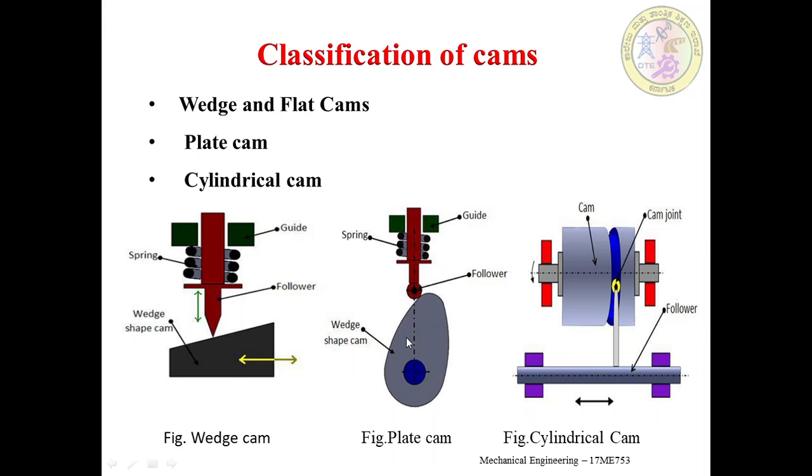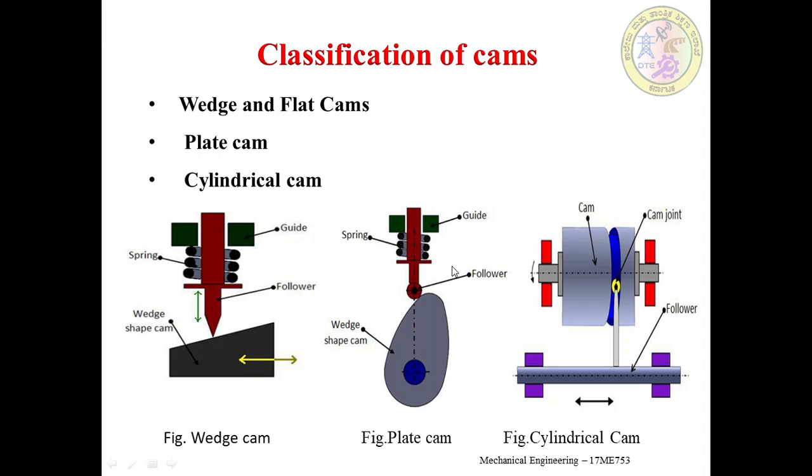The follower reciprocates or oscillates in a plane normal to the cam axis. These cams are very popular due to their simplicity as well as compactness. These plate cams are very useful as compared to other cams because of simplicity as well as compactness.